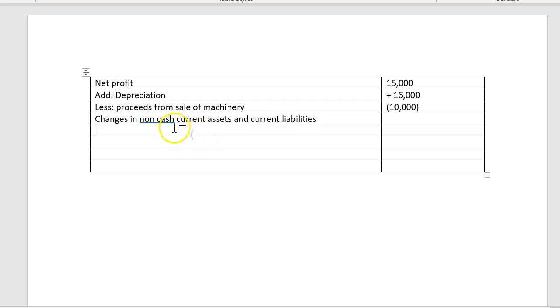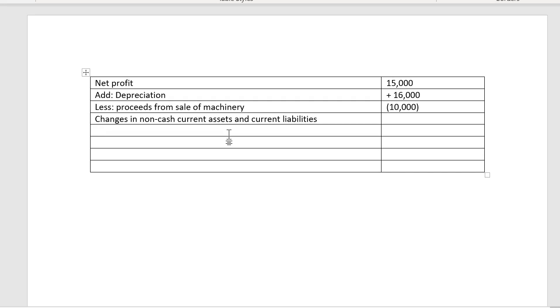Do not take cash into account. The trick here is profits are credits. Your net profit has a credit balance. So if the change in a non-cash current asset or current liability is a debit, you minus. If it's a credit, you add.